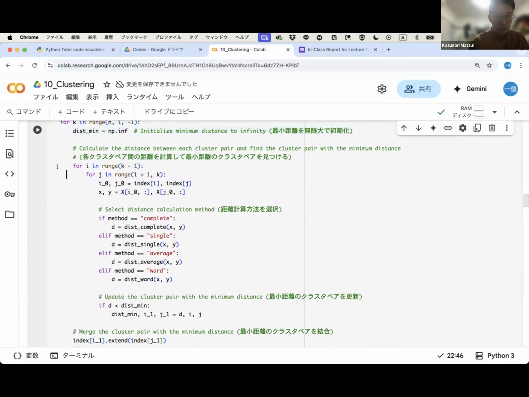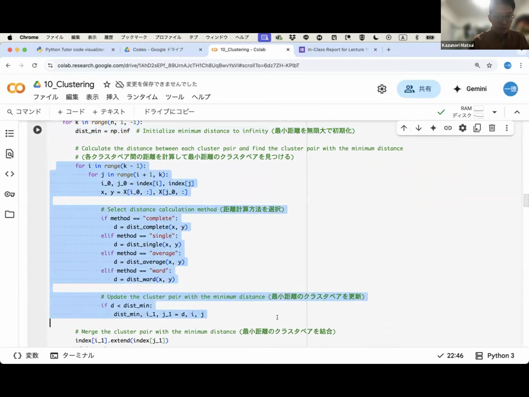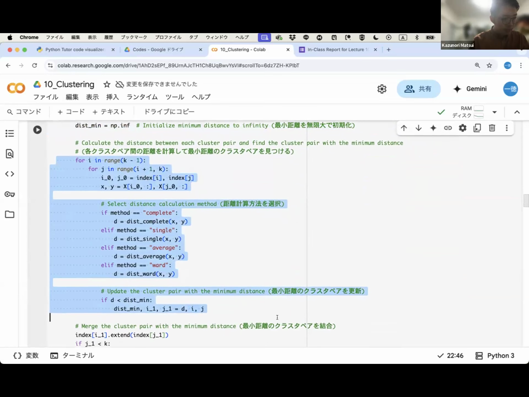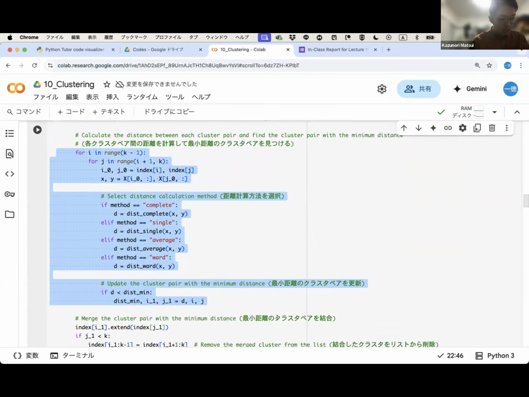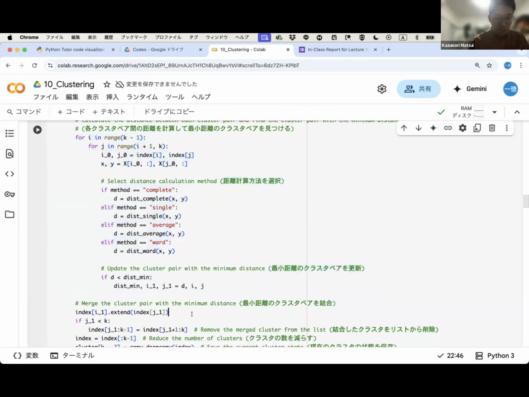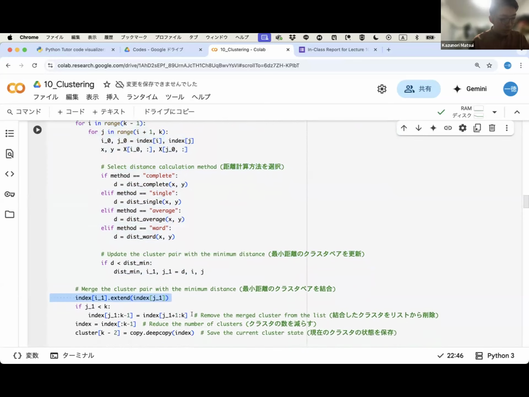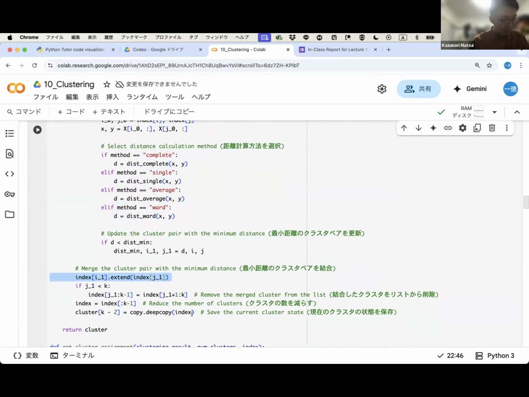This part is a program that searches for the one with minimal distance. We remember which combination was the cluster pair with minimal distance, and when this processing is finished, we merge the cluster pair with minimal distance.